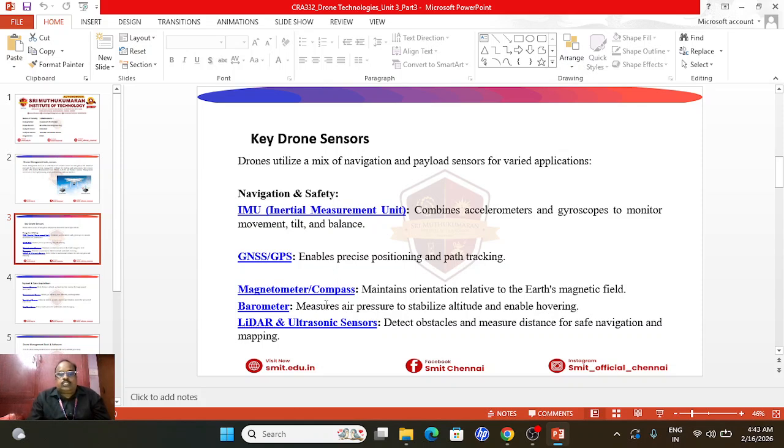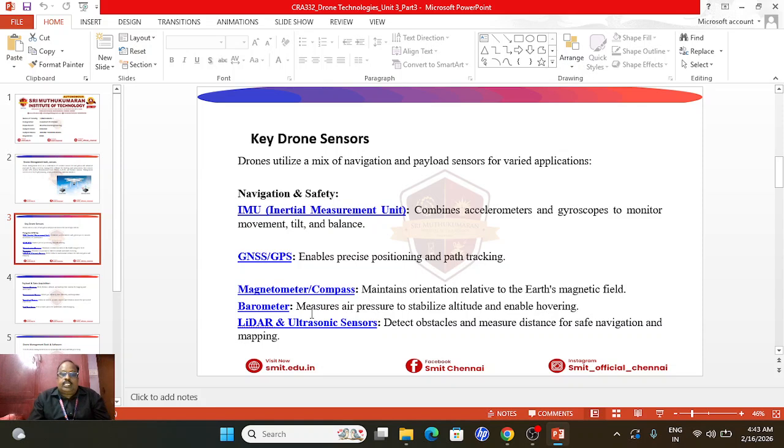The barometer is used to measure the air pressure to stabilize the height or altitude and enable hovering. So this leads the key drone sensors to navigate from one place to another.